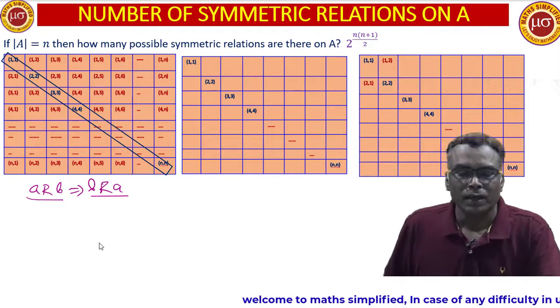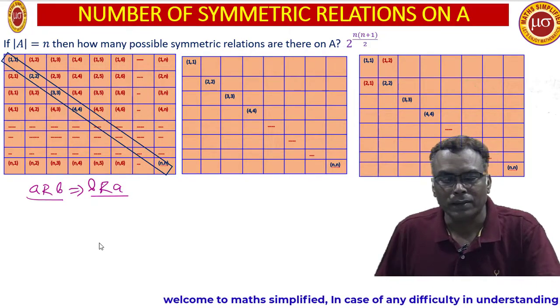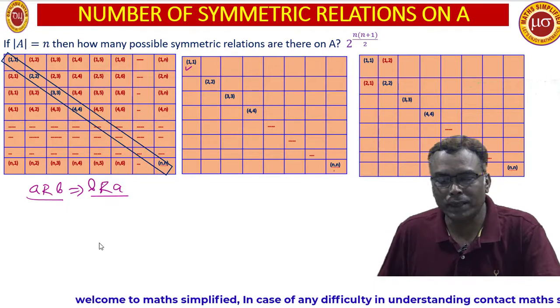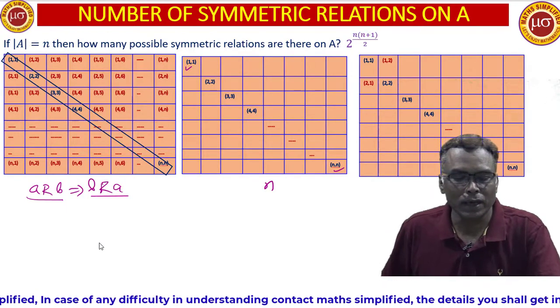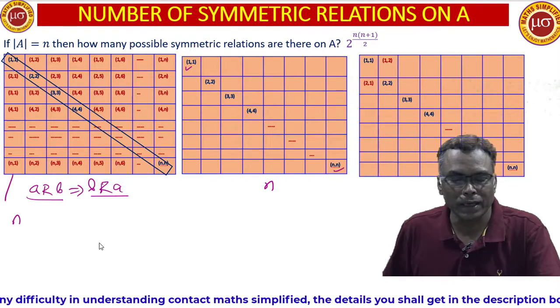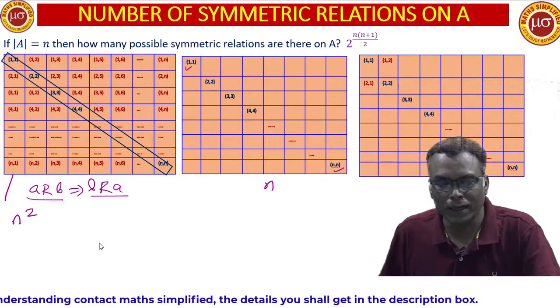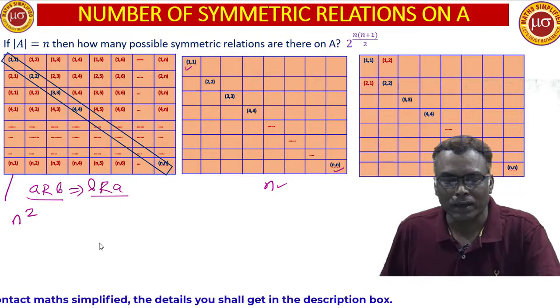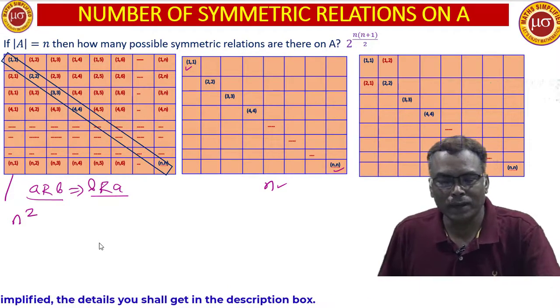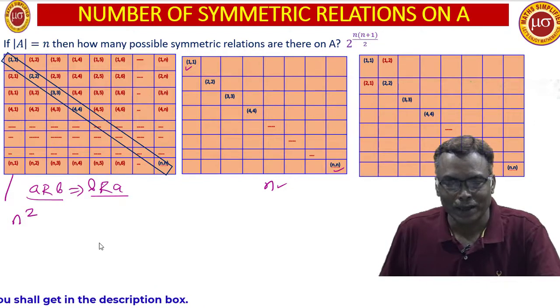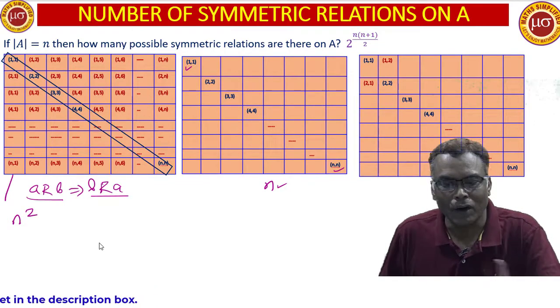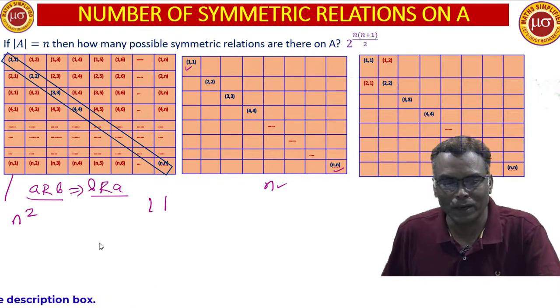Now, let us consider the diagonal elements. How many diagonal elements are there? There are n diagonal elements. Total number of elements are n square. Diagonal elements n. But diagonal element का कोई friend नहीं है, because if I alter (1,1), I will get the same (1,1).